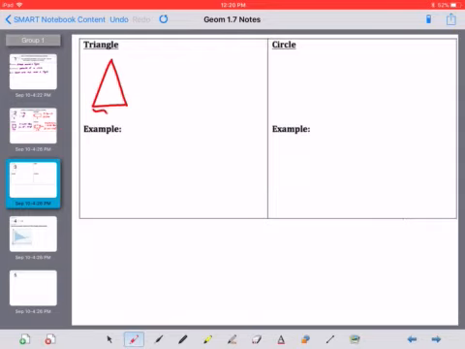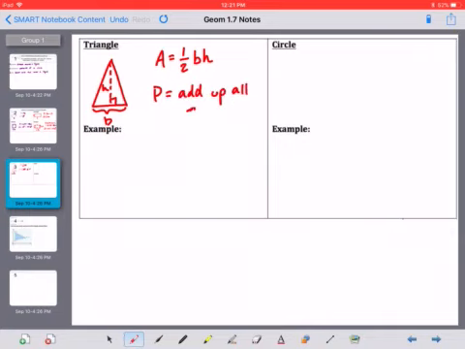You need to know the length of the base, which we usually call B, and you need to know how tall it is, which we usually call the height, H. So the area is half the base times the height. To find the perimeter, I don't really have a formula for you, but you just add up all 3 sides.